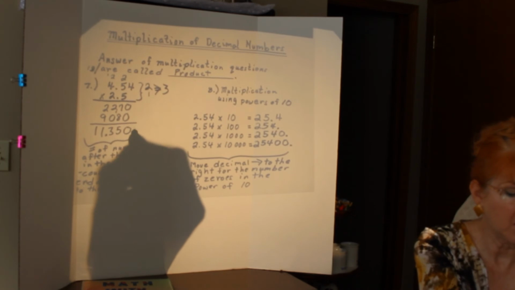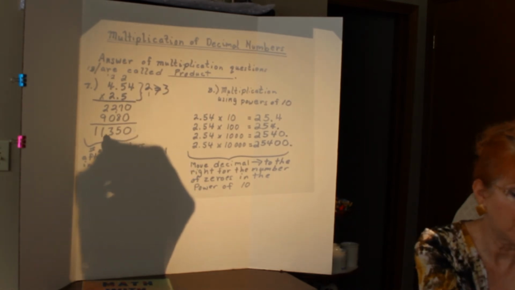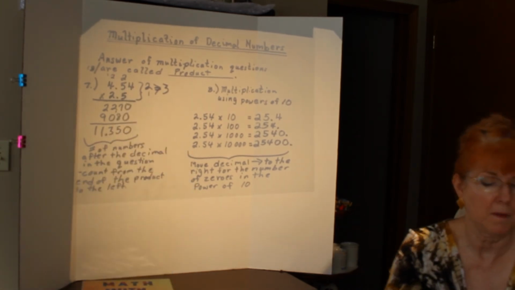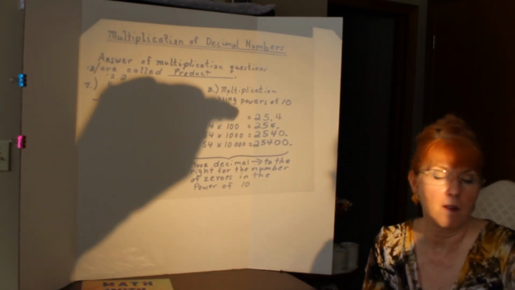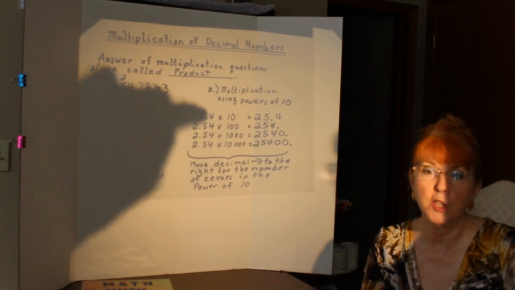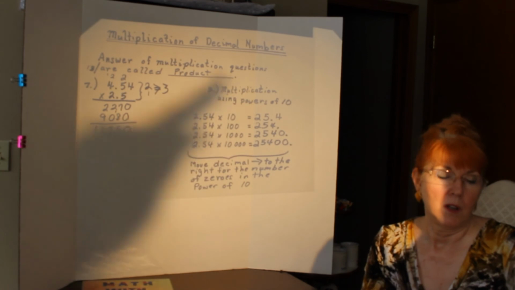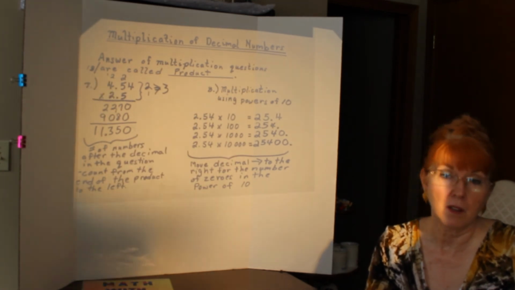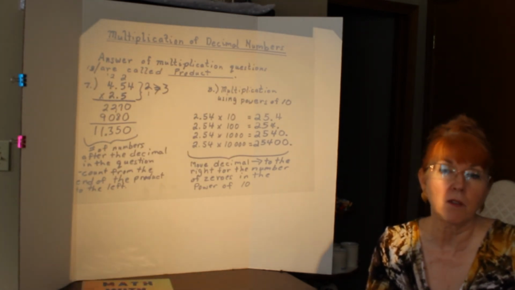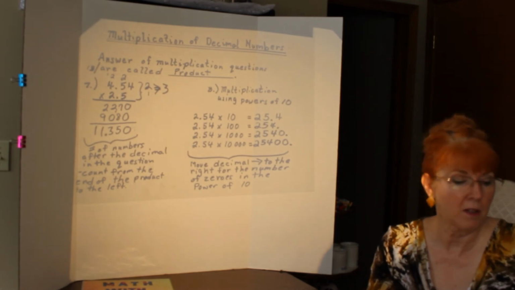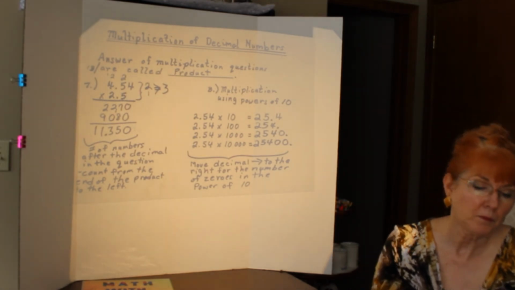So you're going to start there and go 1, 2, 3, because I had 1, 2, 3. When you have powers of 10, you're counting to the right. When you have a question that looks like this, you're counting from the end of the answer, the product, into the question, to the left.